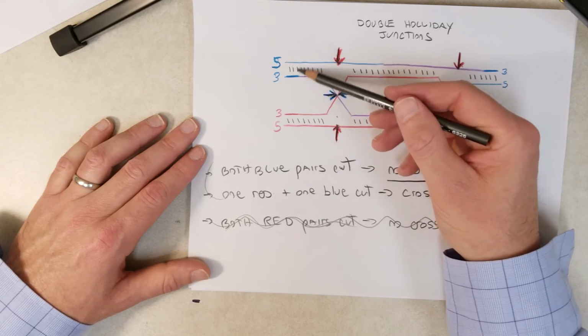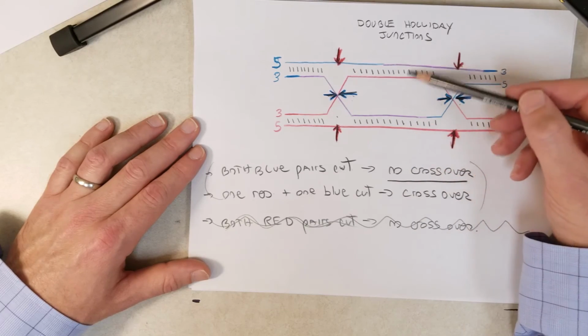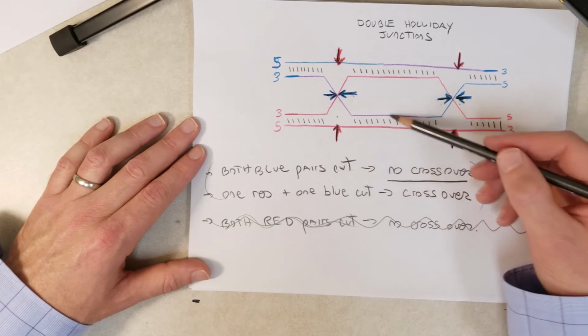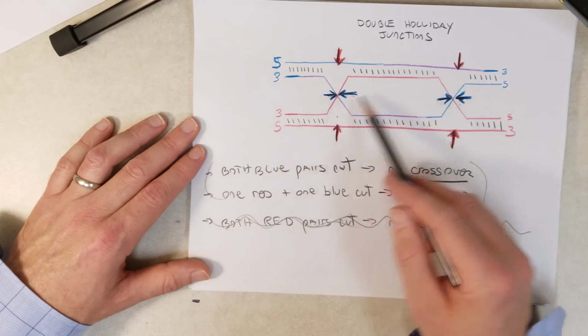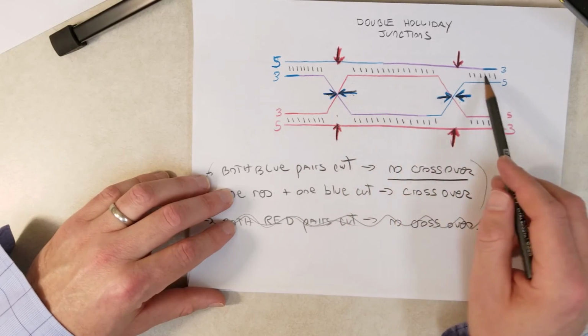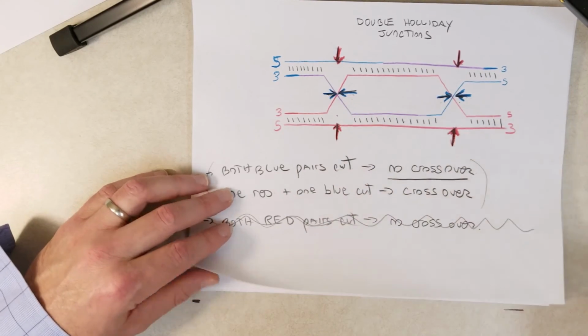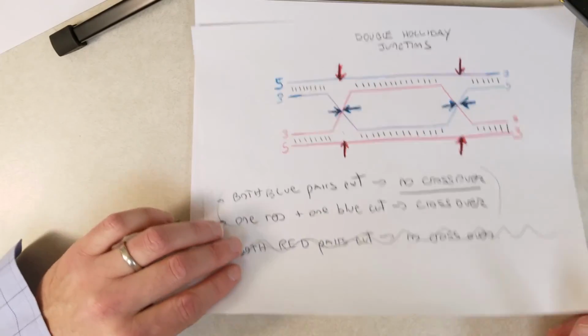The fact that these are double helices, right? So these strands are wrapped around each other, which is why it's so hard to resolve the double Holliday junctions. They need to be cut and ligated. They can't just be pulled apart because these are double helices. The strands are twisted around each other, and I obviously can't diagram that easily.